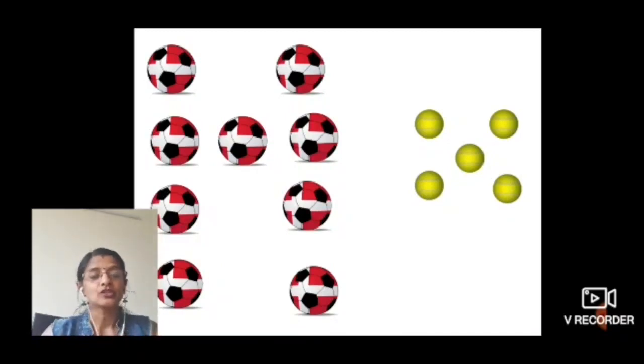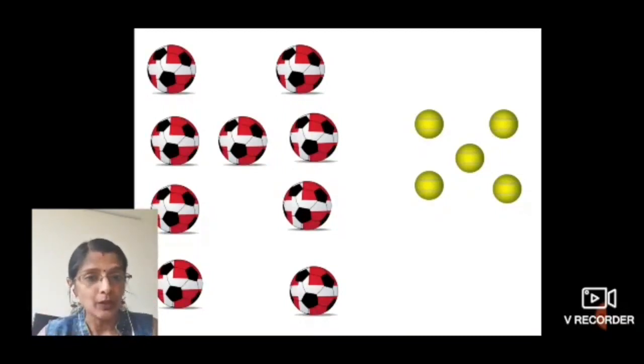Number of. So now again try to recollect the information given. The information was 9 big balls, 5 small balls. So 9 big balls was the first information, right? So let's frame a statement. Number of big balls is equal to 9. Correct? And then what was the second information?